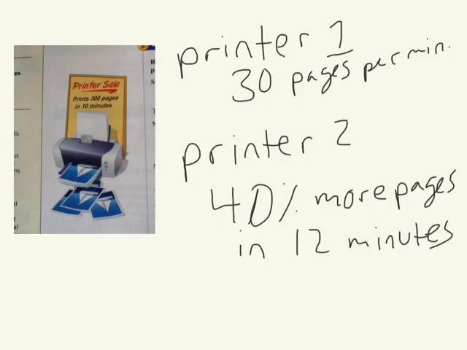So the first thing we need to look at is that Printer 2 prints 40% more pages in 12 minutes. So how can we figure out 40% more than 300? Well, let's figure out what 40% of 300 is.